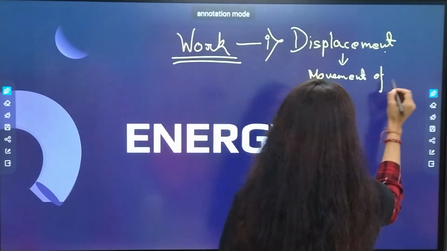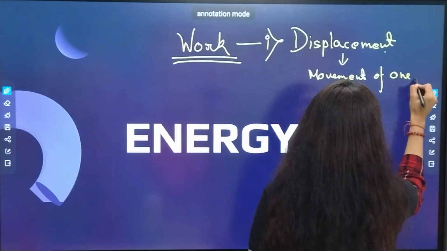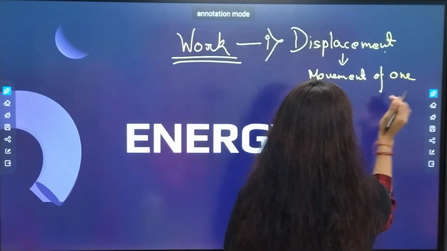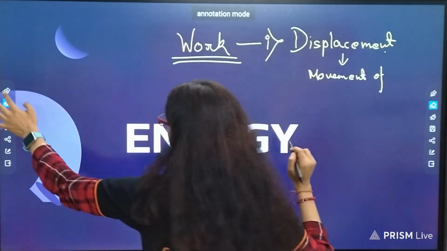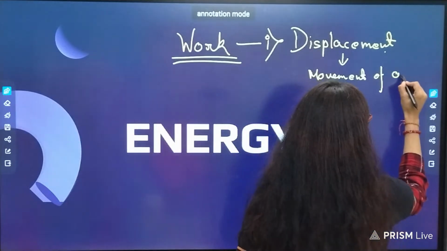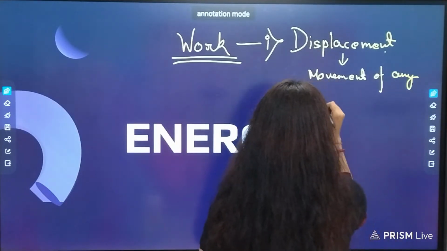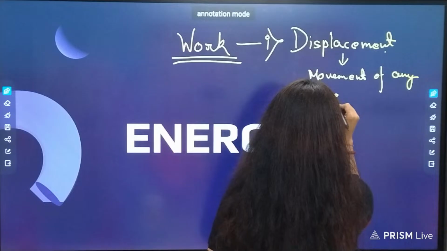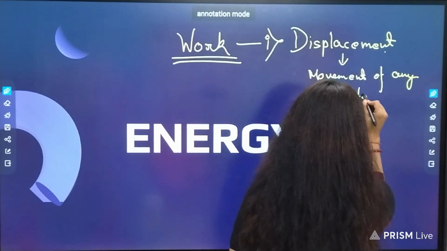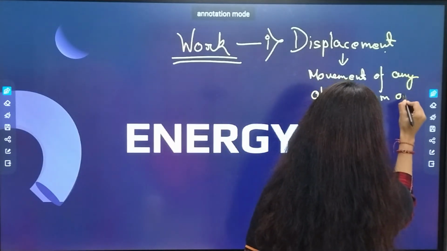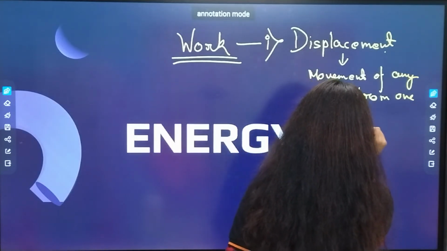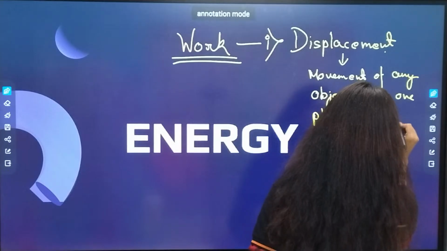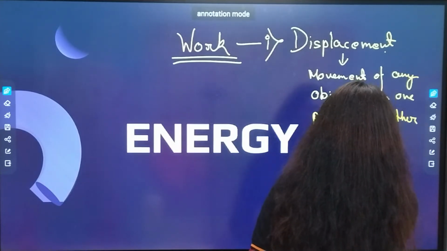Displacement is nothing but movement of any object from one place to another, right?